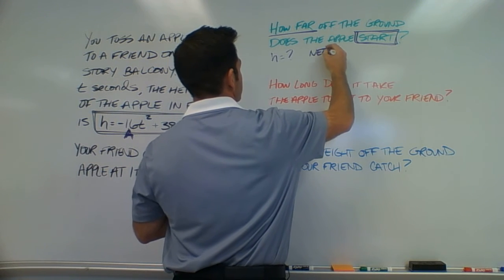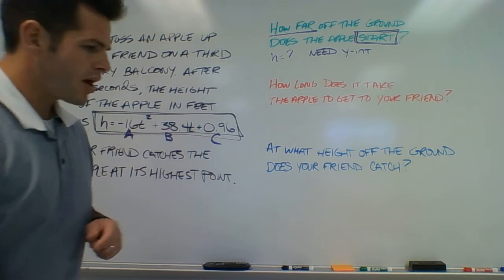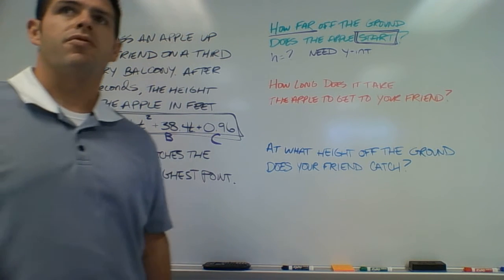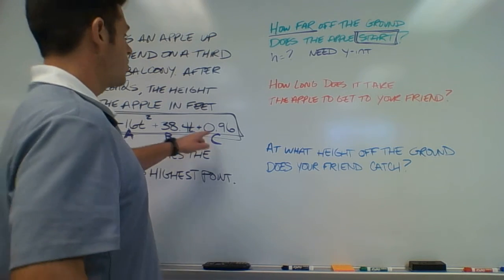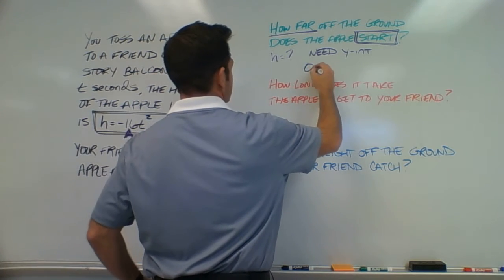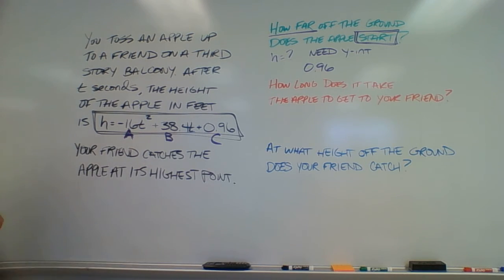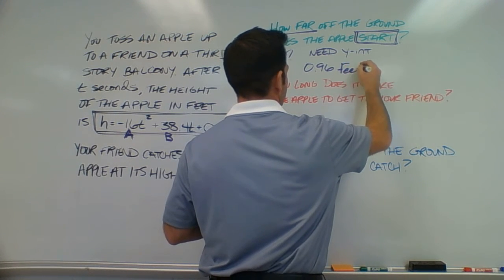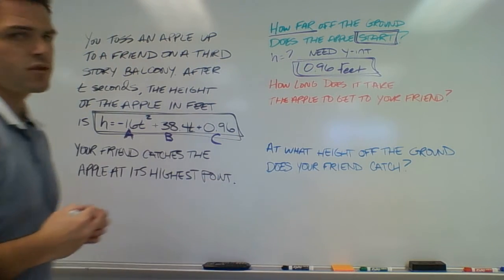In a standard form quadratic, the y-intercept is always our c value, our constant. So here, we know it's 0.96. Since it's a measurement of height, we're talking about feet. So it's 0.96 feet off the ground, as our answer to the first problem.